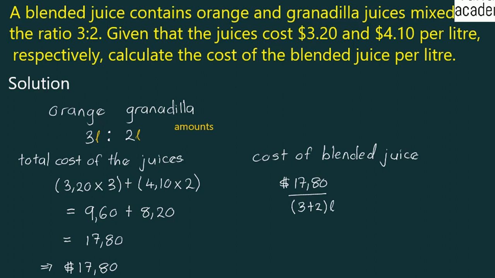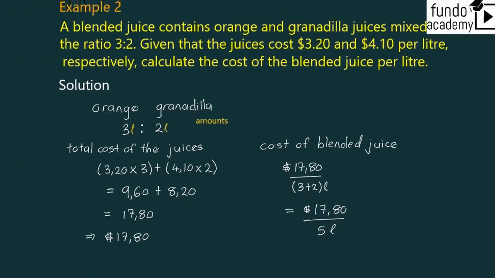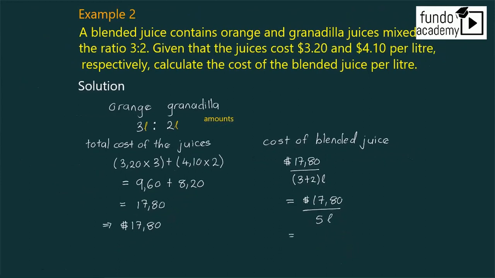We divide $17.80 by 5 liters, and what we get right there is $3.56 per liter. So that is the cost of the blended juice.